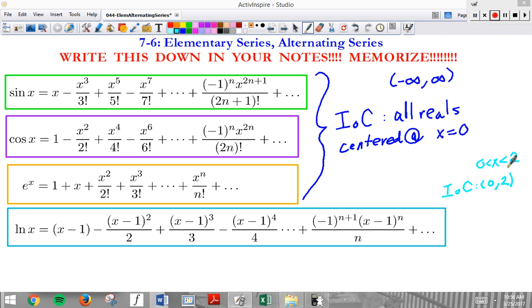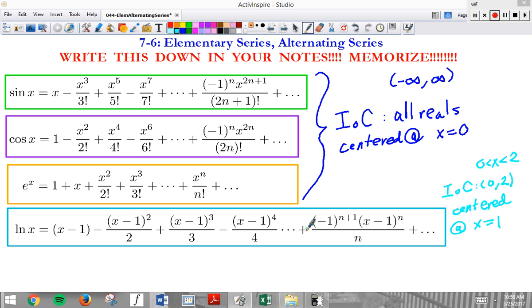And it's centered at, can you tell? x equals 1. That's why there's a minus 1 in each of the, what would you call them, powers, I guess.